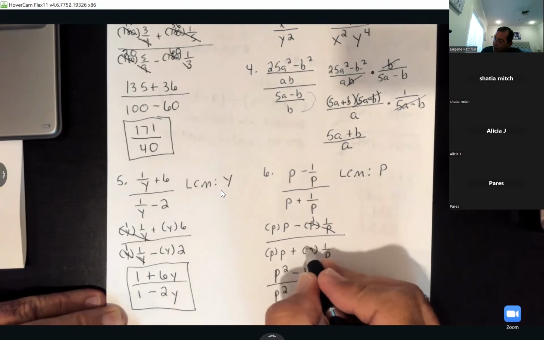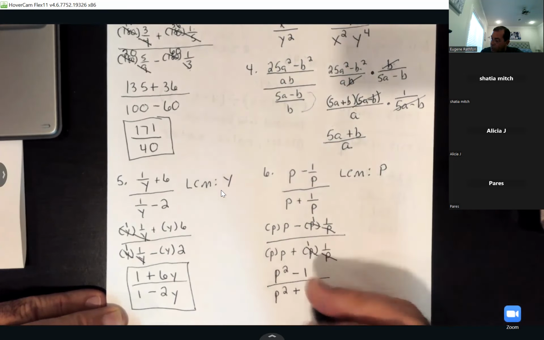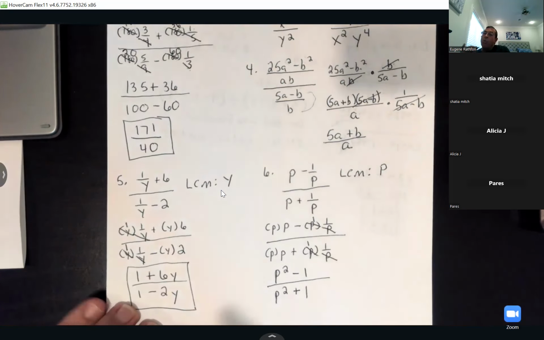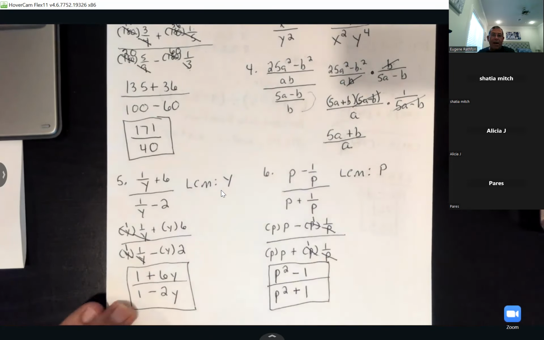Plus, right here, the P's do cancel, giving me a 1, and 1 times 1 is 1. Now, y'all, I would go further, but the bottom doesn't factor since it's being added. The top would be a difference of perfect squares, but I'm not going to worry about factoring that because there's no way you can factor the bottom. And since these don't have the same signs, this here would be our final answer.